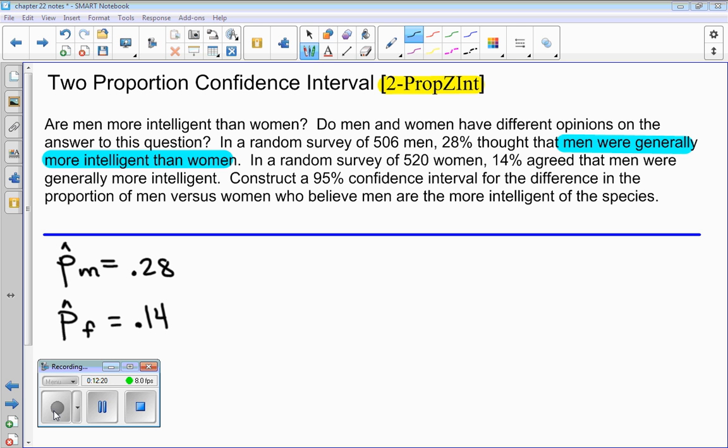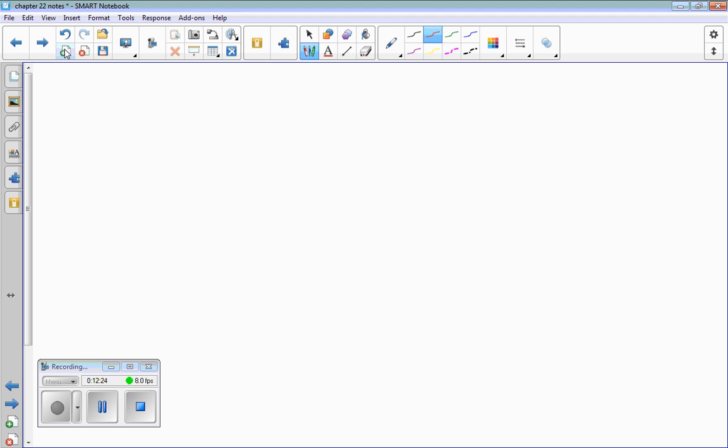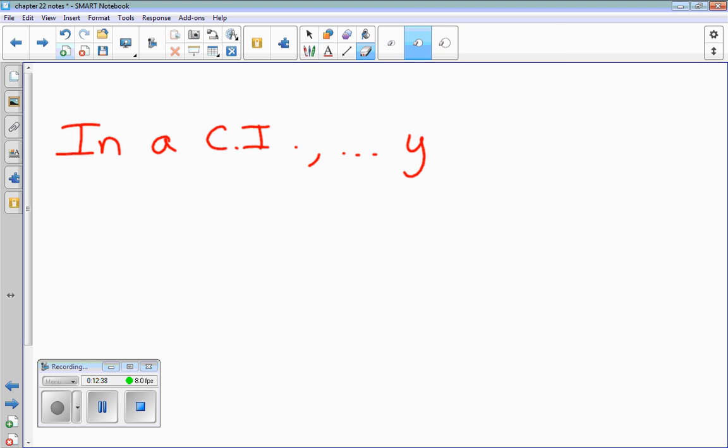I'd write it down. So maybe we should write it down somewhere. Okay? So in a confidence interval, let's say you're looking to capture 0.